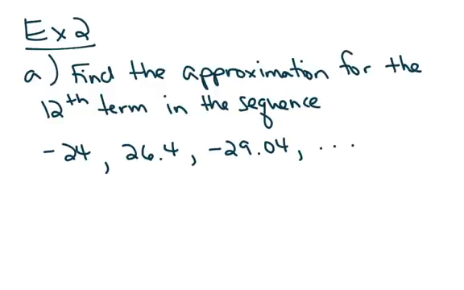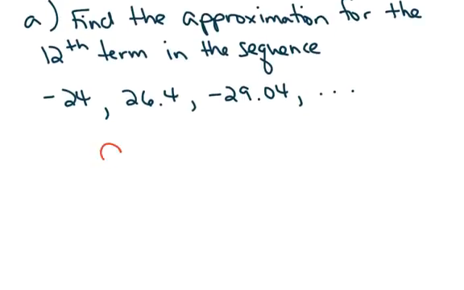In example 2a, find the approximation for the 12th term in the sequence negative 24, 26.4, negative 29.04, and so on. So I know I'm looking for the 12th term. I need to know the first term. I need to know the common ratio. And then we're going to raise that to the n minus 1, where n is 12.